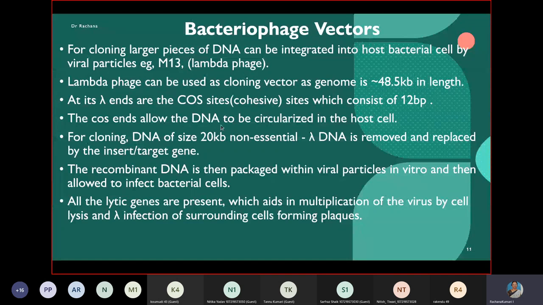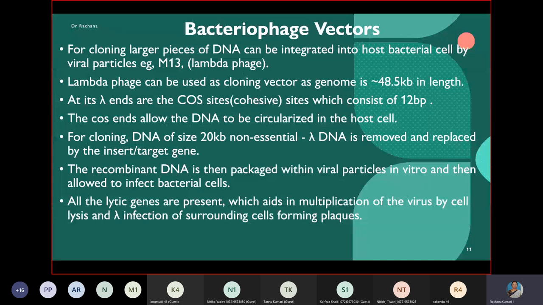If I can remove the genes that are critical for induction of lysogeny and just check that the lytic cycle genes are present, then we can replace these lysogenic cycle genes by the insert or foreign DNA.